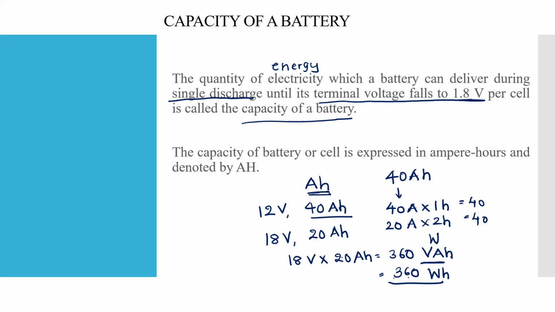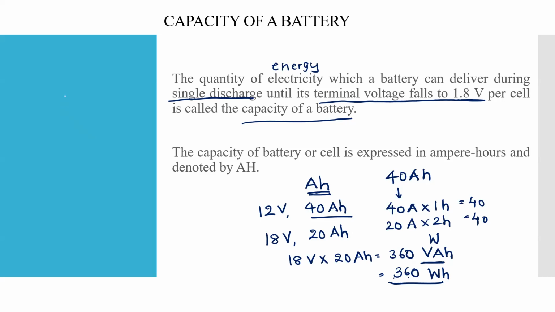Now, simple. What is the ampere hour capacity of your mobile battery? Just try to have a look. Of course, your mobile battery is not the lead acid battery, but still it has got a capacity.